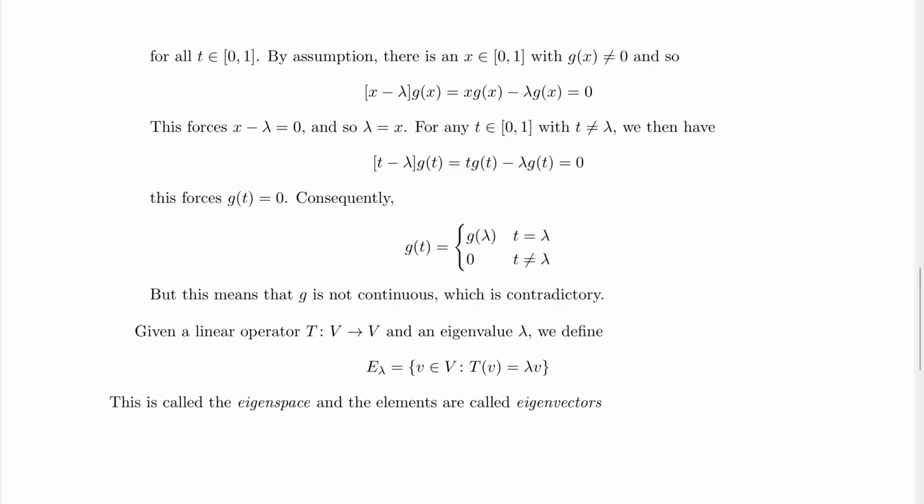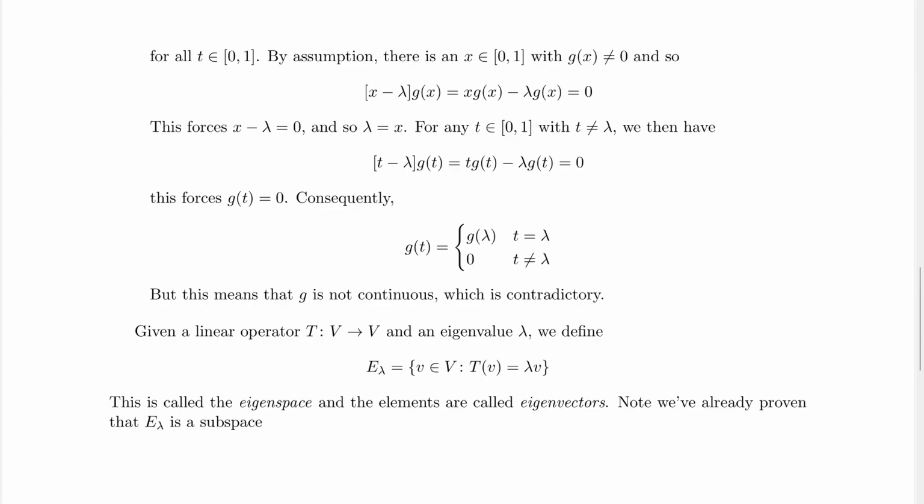Now, it's called eigenspace because, note, we've already proven that thing is a subspace.